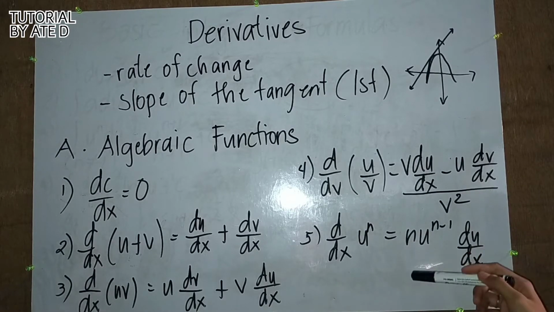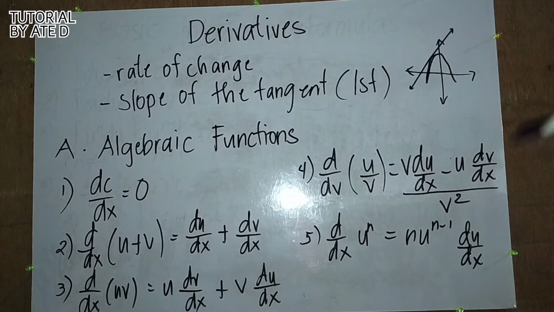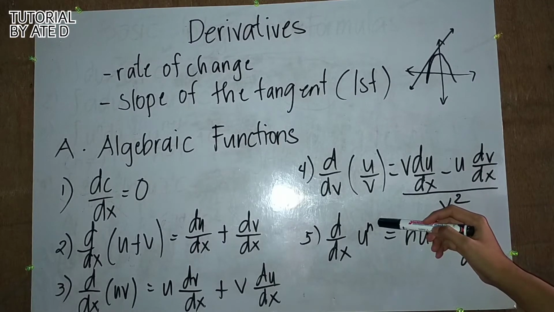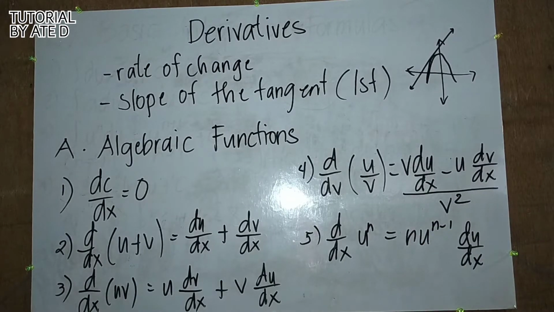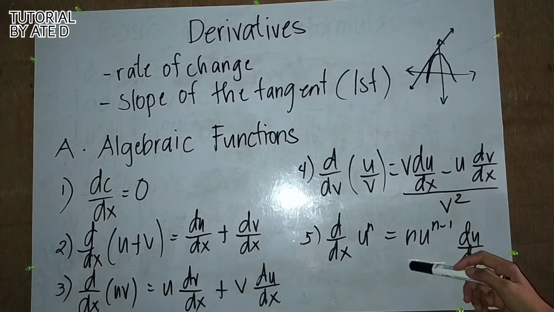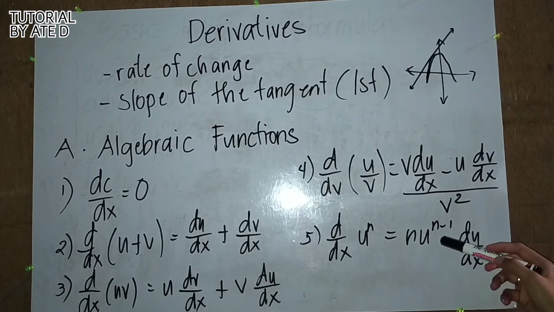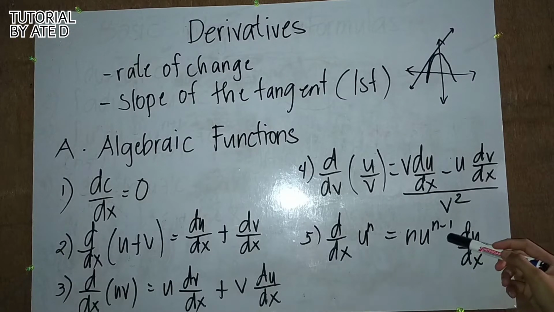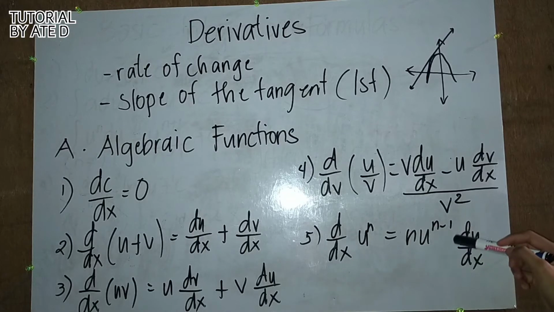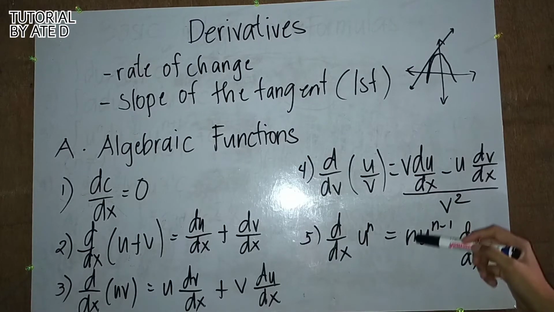So, for number 5, derivative of exponent. So, n denotes the exponent, while u denotes the function differentiable. So, yung n, ipupunta mo lang siya sa harapan ng term. So, in terms of functions na may more than one na terms, ang magiging kalabasan dito ay pupunta mo yung buong exponent ng function sa harap.